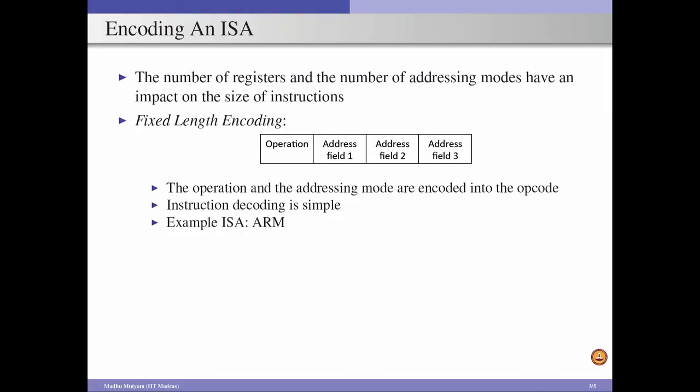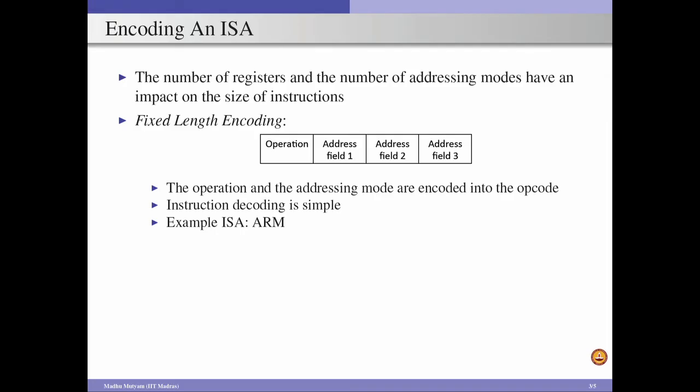The first field of the instruction specifies the operation and the addressing mode that we use, and the remaining fields specify the address field or operand field. So the main advantage of this fixed length encoding is that decoding is simple, and typically ARM uses this type of encoding.